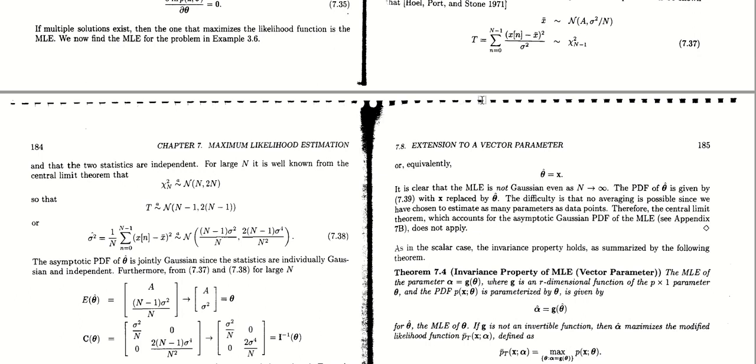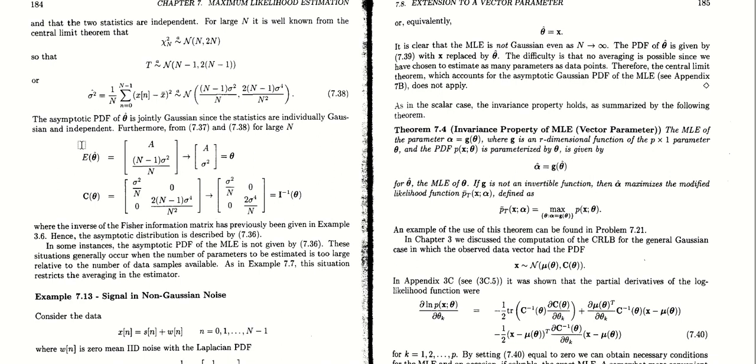Central limit theorem 的其中一个解读就是，当资料量够大的时候，会趋近高斯这样子。Okay, so chi-square approaches Gaussian. Then of course you get this distribution. So you have a sigma square equal to that.